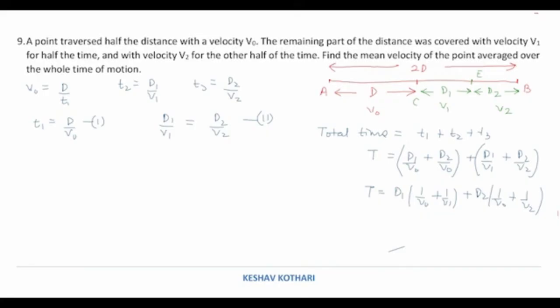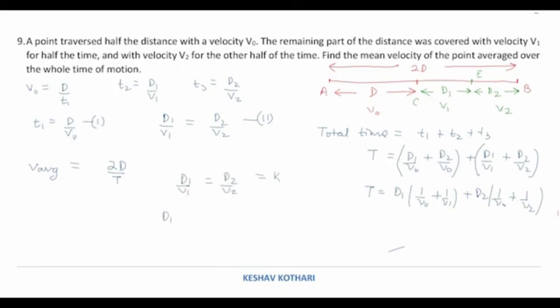Now the average speed can be written as the total distance covered by total time taken, which we have already evaluated. Now from the second equation, we can write d1 by v1 equals d2 by v2 equals k.